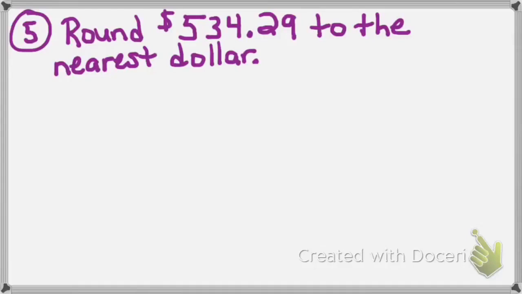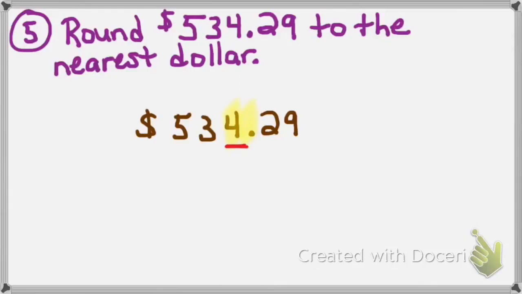So I'll rewrite my number in the center of the page with room on top, $534 decimal 29. I will underline the $1 column, decimal, and there's my $1 column. Underline the $1 column and everything to the left of it. On the left side, I copy exactly what's underlined, which is $534, and I'll put my decimal in.